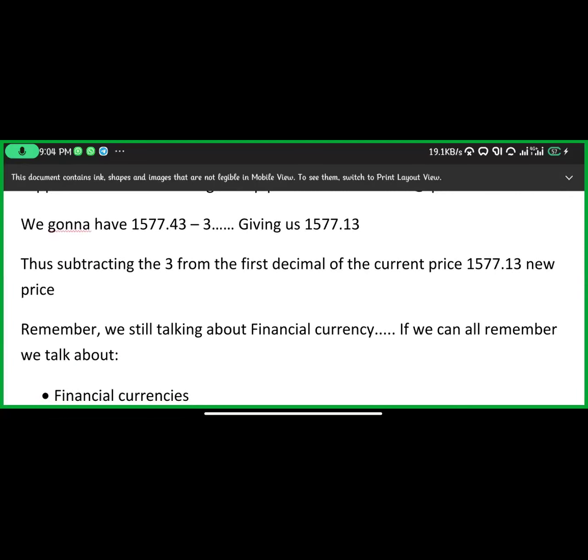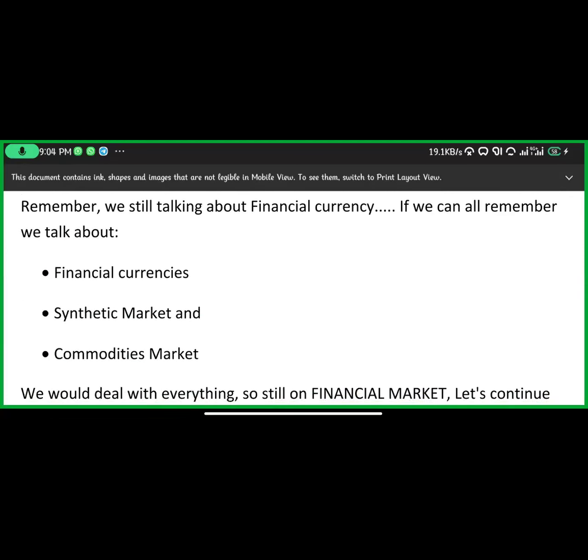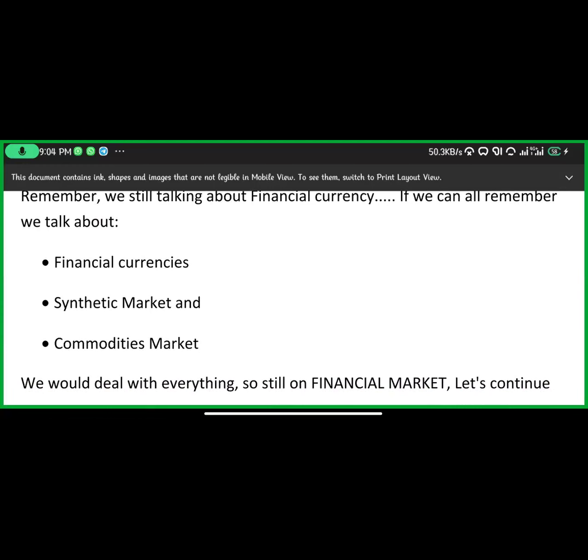Remember, we are talking about financial currency. If we can all remember that we talk about different types of currency. We talk about financial currency, synthetic markets, commodities. Also for the crypto aspect too, there are ways we calculate the pips as well. You need to understand the market. But mostly in the crypto market it is based on the current price. Are we together?